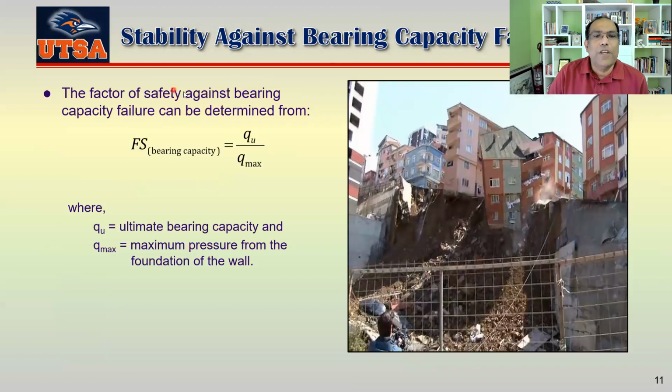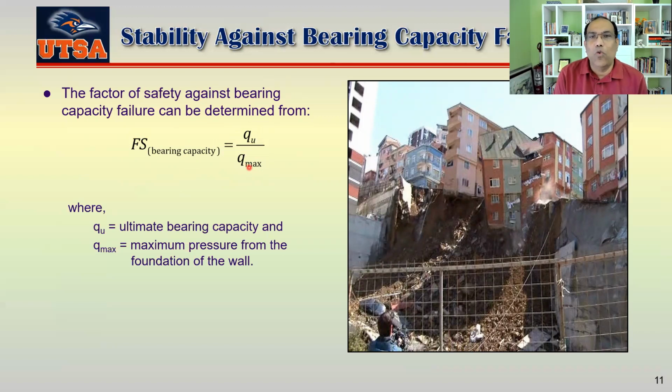So the factor of safety against bearing capacity failure can be determined from FS is equal to the ultimate bearing capacity of the soil divided by the maximum pressure that's coming from the wall, okay? Because you will see there is always some eccentricity on the wall.